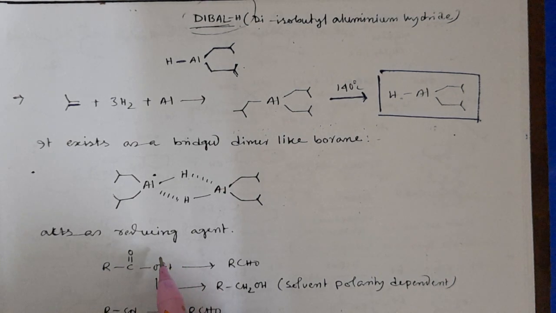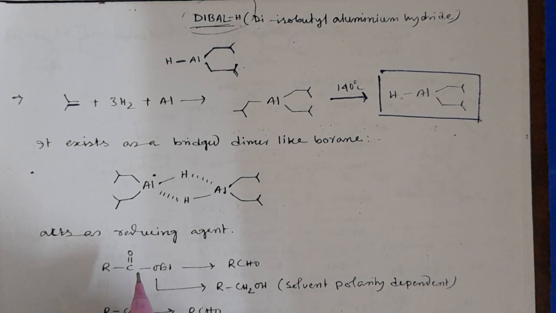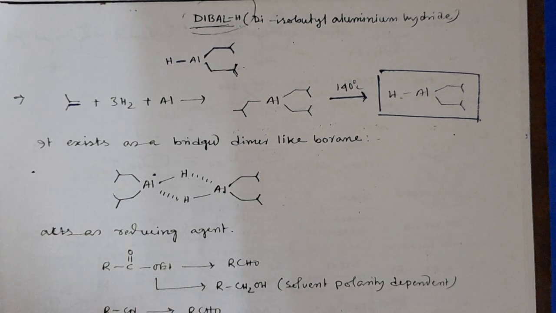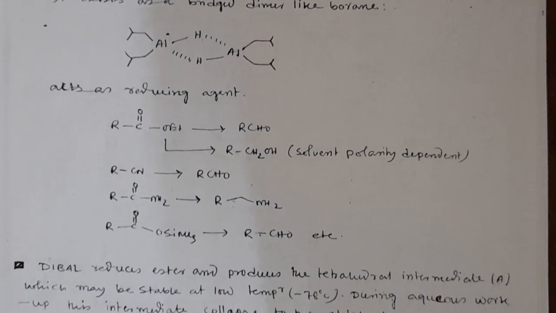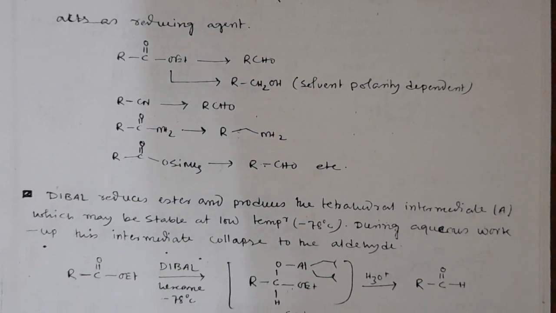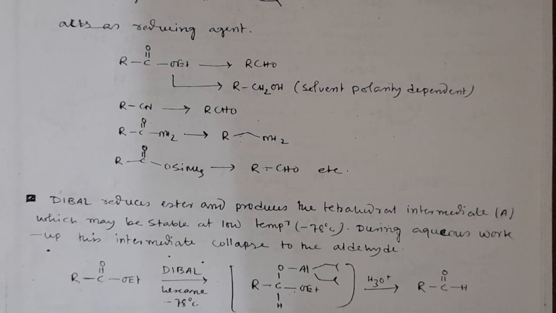So now coming to the examples, what type of functional groups does it reduce? We can talk about the reduction of ester, cyanide, amide and so on, as you can see in this example.